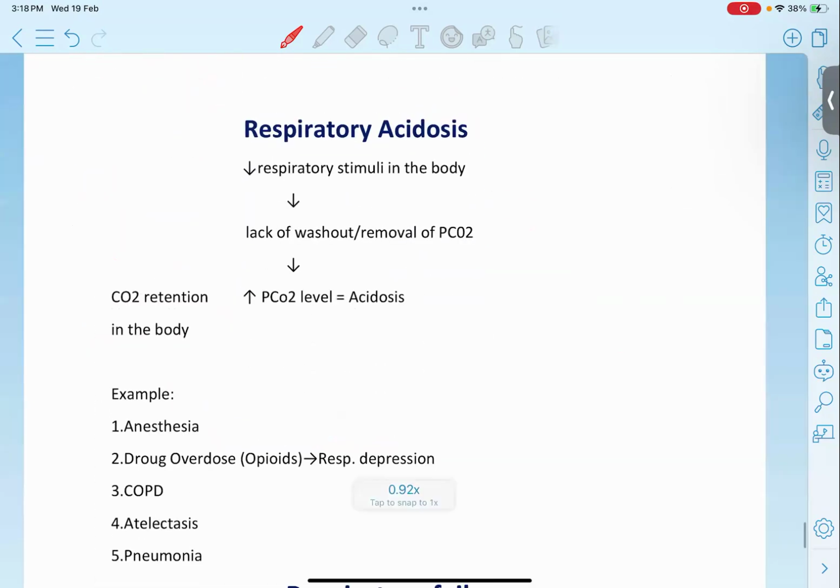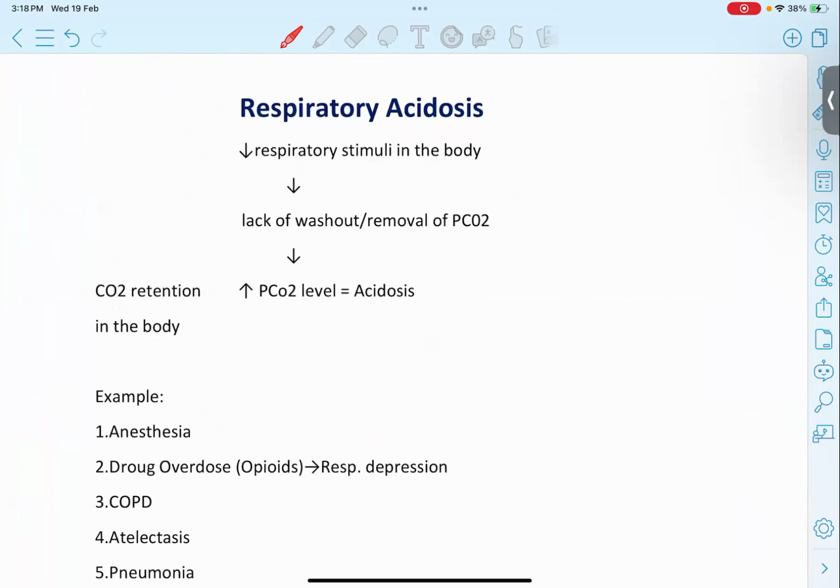Next is respiratory acidosis. What are the situations where we can find respiratory acidosis? If there is any reduced respiratory stimulus in the body, then there will be lack of washout or removal of carbon dioxide, that means retention of carbon dioxide.